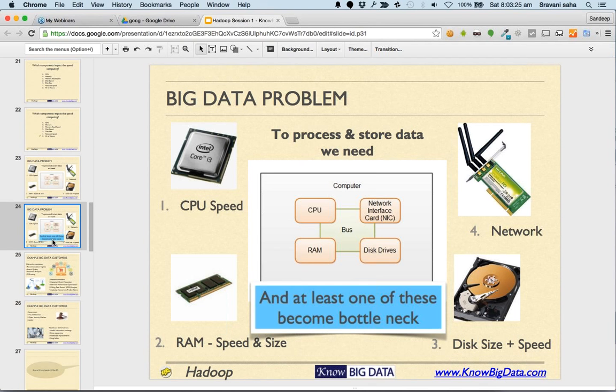If none of these four components is becoming the bottleneck for you, then you don't need a big data system. Maybe you realize your RAM is becoming the bottleneck, and all you did was start using disk, and now you are able to solve your problem happily. Then you don't need the big data solution.